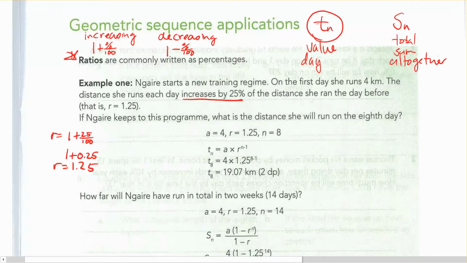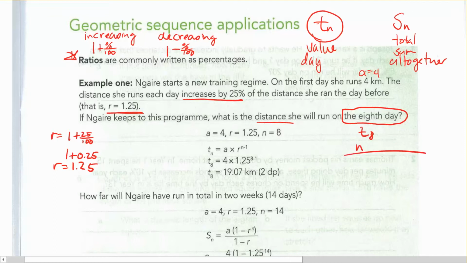So in a question like this, they've given us lots of information. On the first day she runs 4 kilometers. Okay, so we've got A is equal to 4. We figured out R because it's increasing by 25%, so R is going to be 1.25. And then here, what's the distance she will run on the 8th day? Because that's kind of a singular thing, here we're looking for T sub 8.